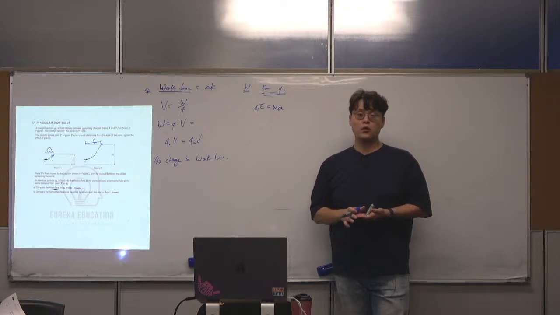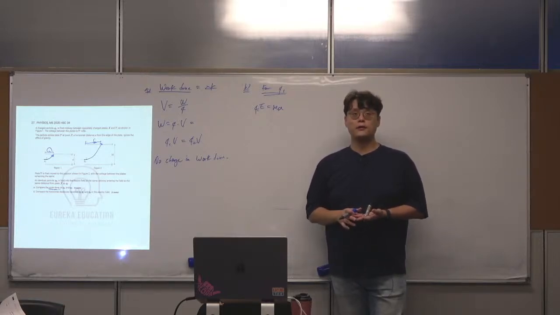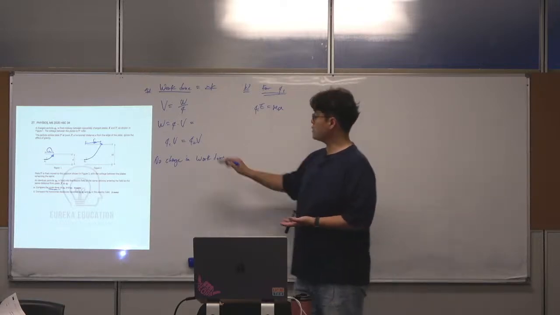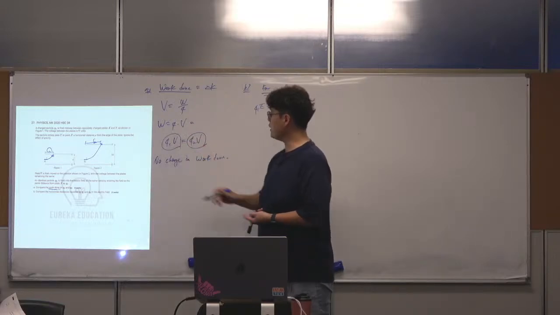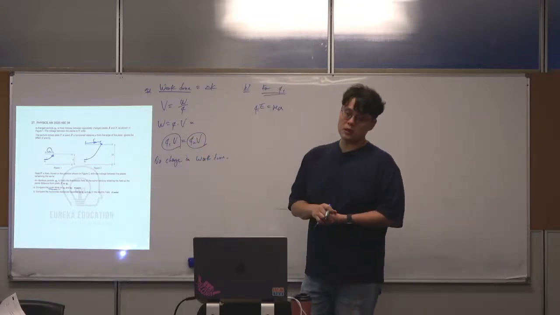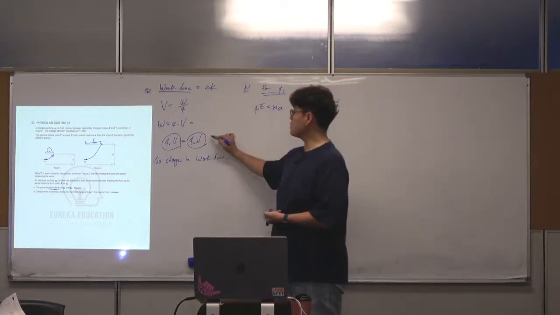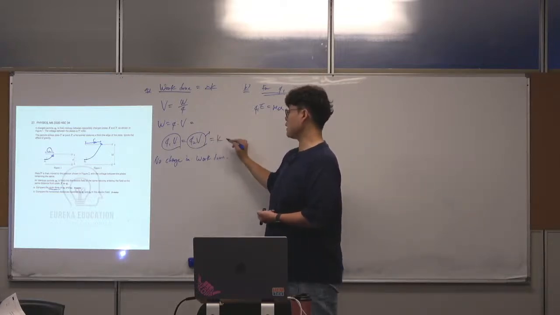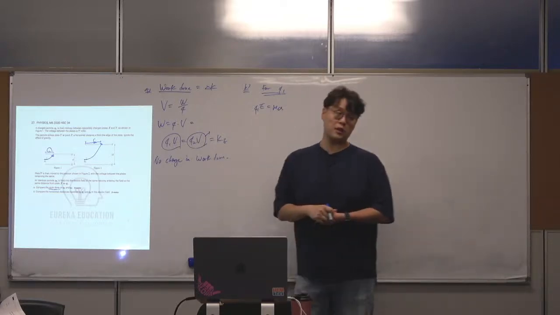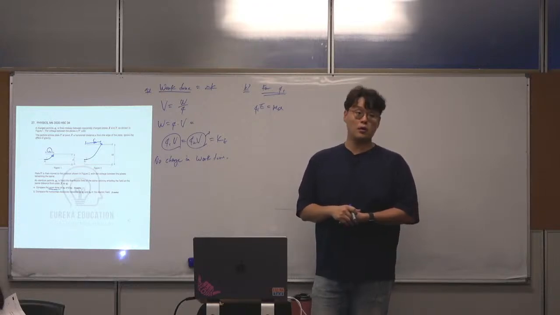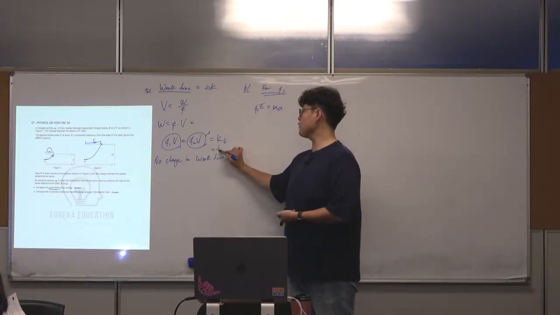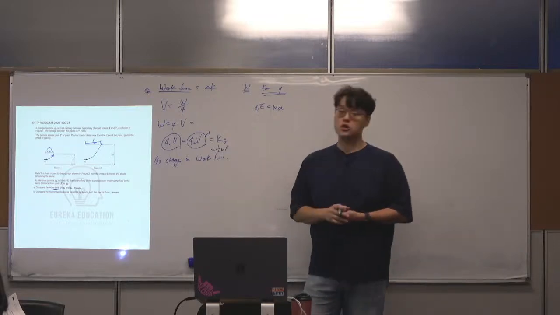Consider the velocity given over here. If the work done is the same, we can interpret that as the same kinetic energy gained as well. Does it make sense? Okay, which means this is the same as half mv squared.